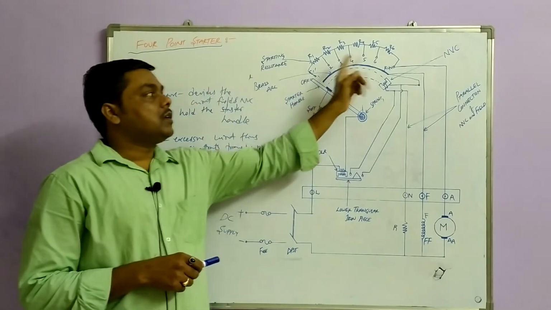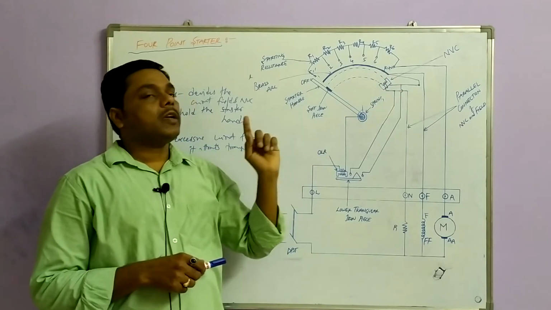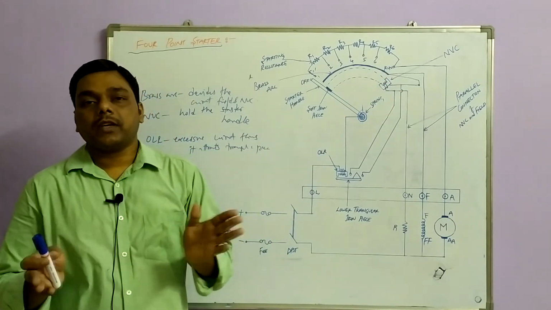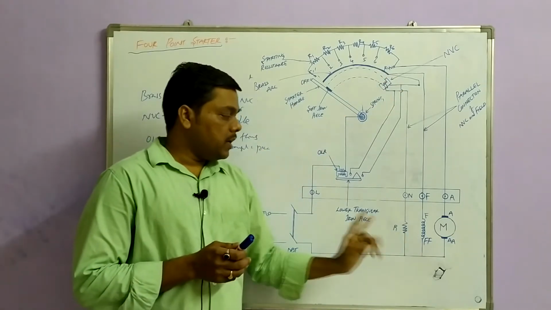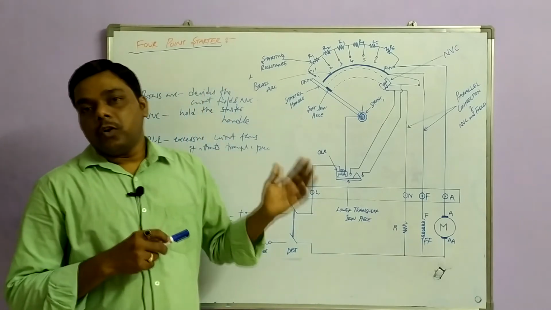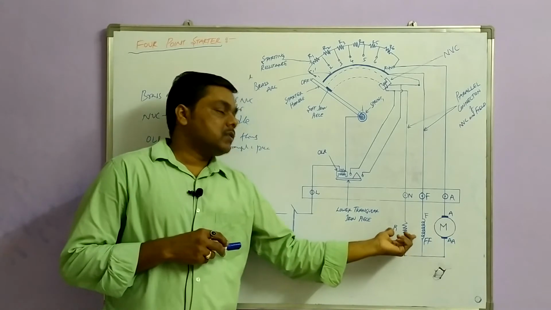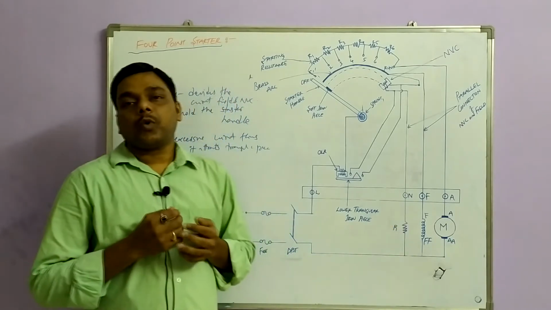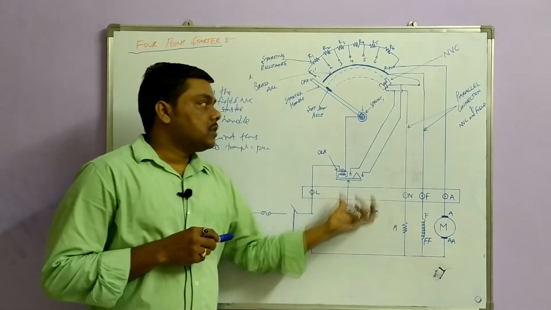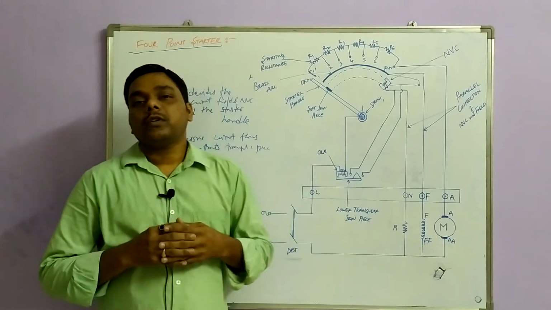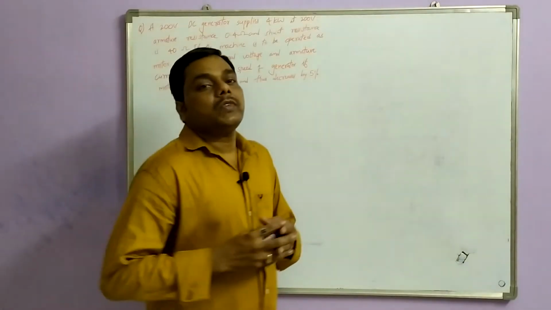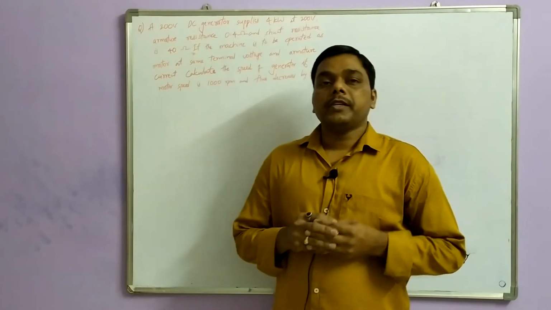Constructionally, it has a brass arc which will divide the current between field winding and no volt coil, and some extra resistance R is also provided to protect the DC motor and also the no volt coil. Now we will solve a simple problem on DC motor.